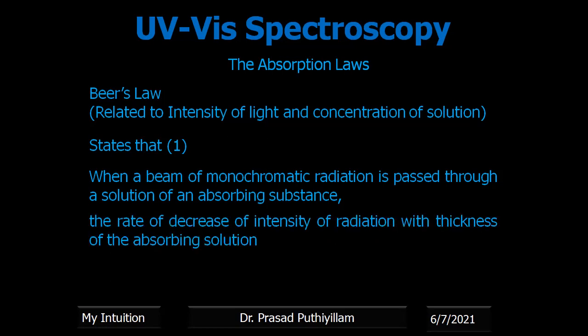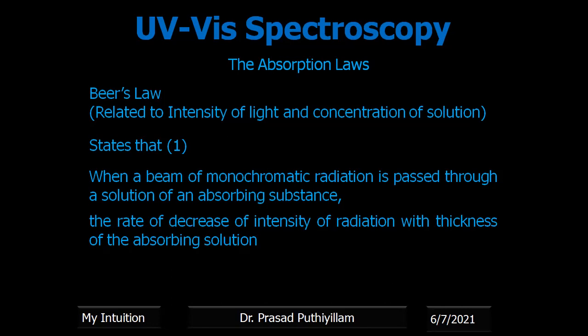Then the rate of decrease of intensity of radiation with the thickness of the absorbing solution: when it passes through the solution, initially some light is absorbed, then the remaining incident light passes through the remaining part of the solution, and more light is absorbed. So the rate of decrease is slowly getting decreased.